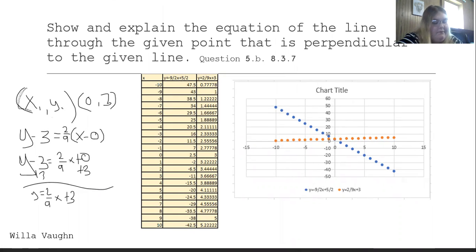And so using the point that the question gave us, 0, 3, and you can see I did the math over there. You get y minus 3 equals 2/9 times x minus 0, which is just 0. So then you have to get the y by itself, so you end up with y equals 2/9 x plus 3 as our perpendicular line.